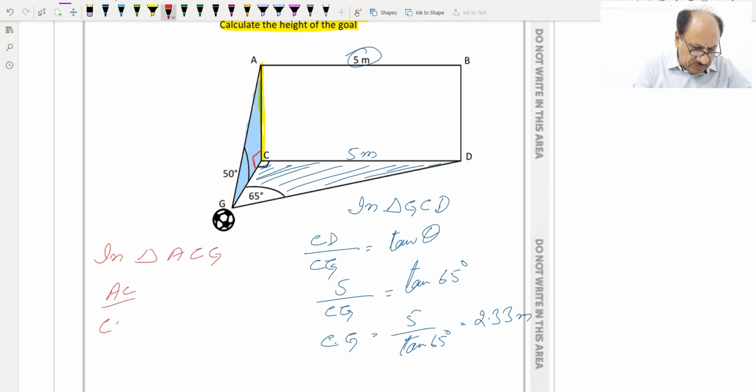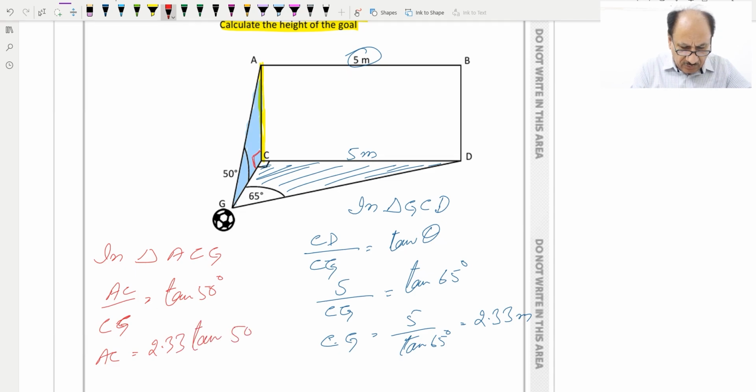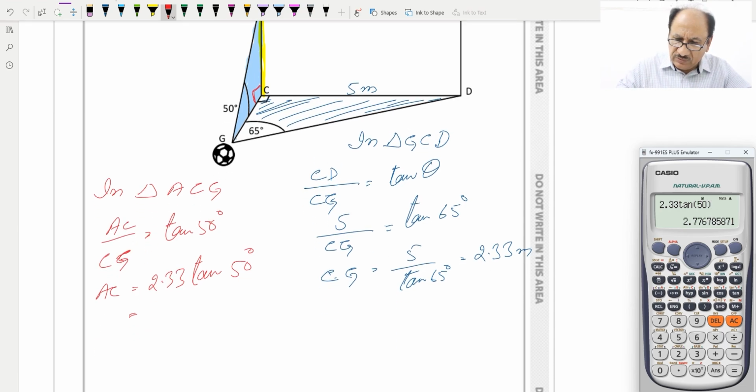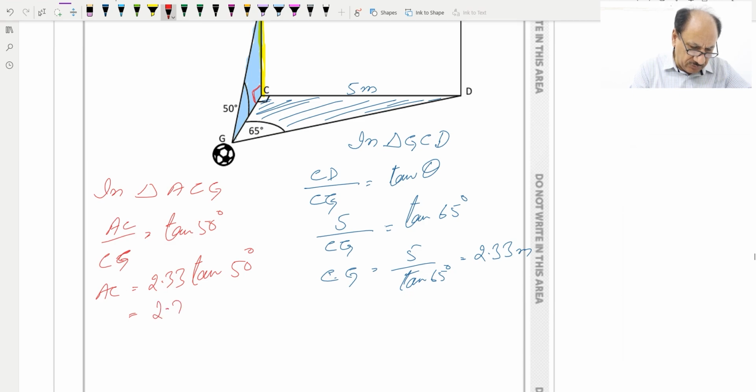AC over CG will be equal to, again using trigonometry, tan of 50 degrees, so AC will be equal to CG, which we just found, 2.33 tan of 50 degrees, and this one we can calculate. 2.33 tan of 50 degrees gives us 2.776.